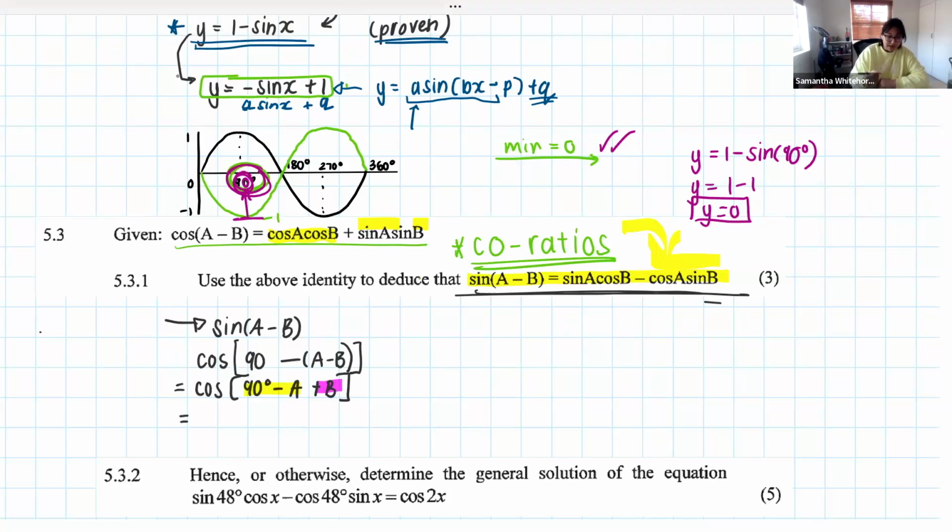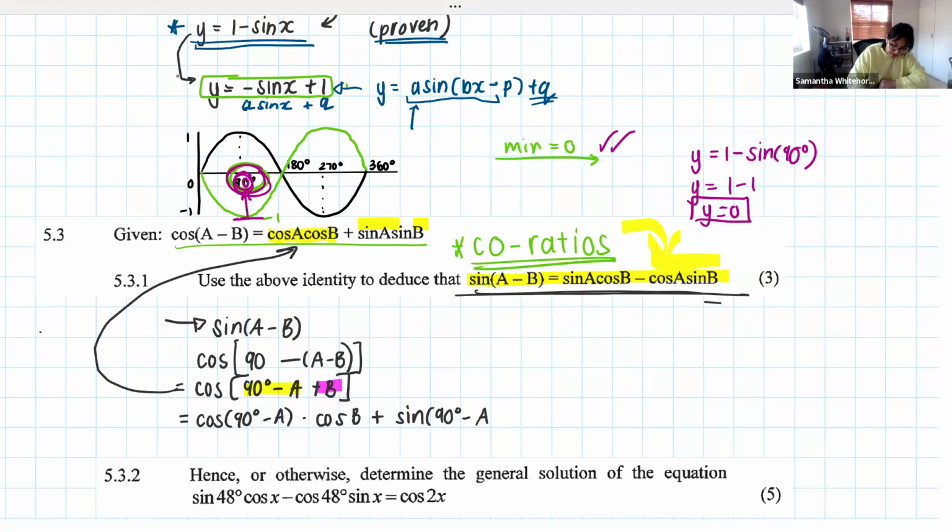So if I now expand this according to the expansion I was already given, because remember, we have to use what we were given, I know this will be cos of 90 minus A times cos of B plus sine of 90 minus A times sine of angle B. And now I'm going to start simplifying. Remember co-ratios.